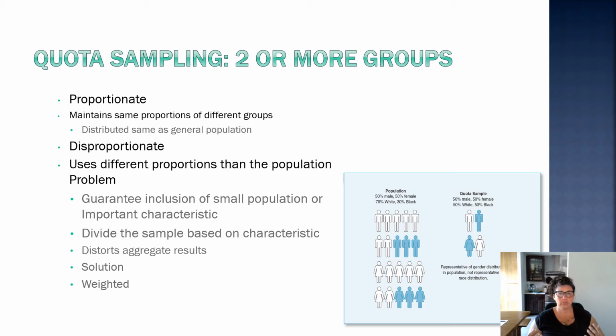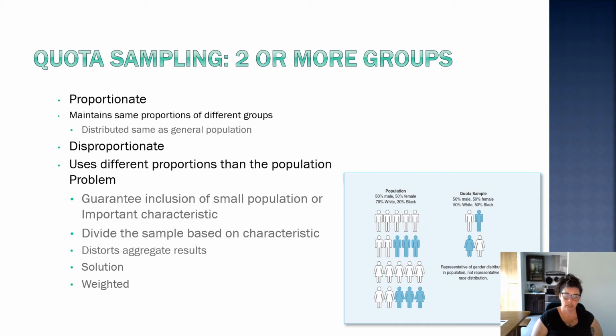So then it becomes a disproportionate sample, so that you can look in detail at that particular criteria, right? So you increase the number of people in your quota to 50% of the people that you are actually talking to. So that becomes disproportionate to the general population. You're using different proportions than the population.